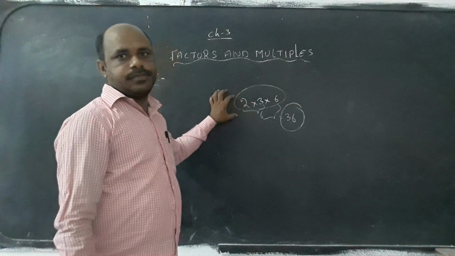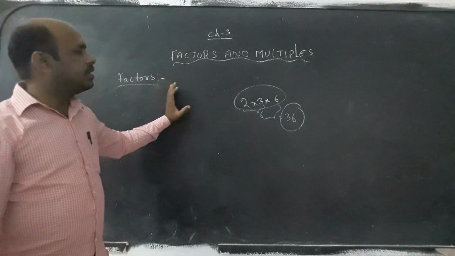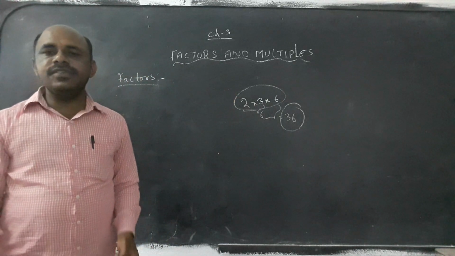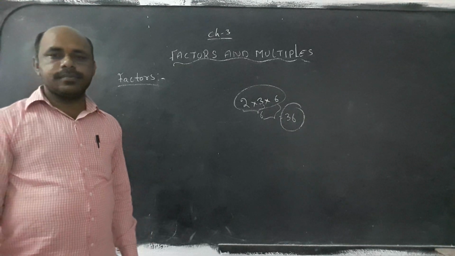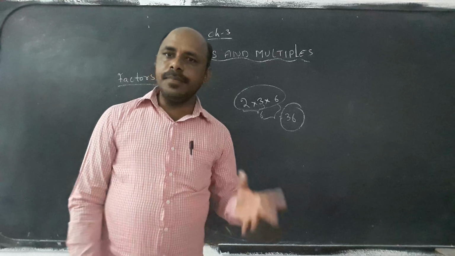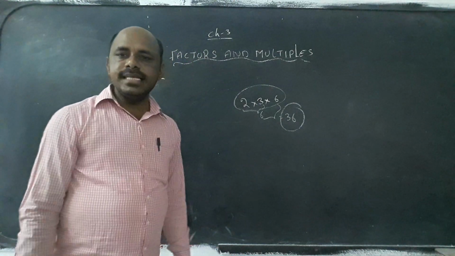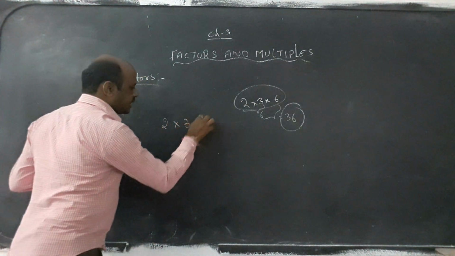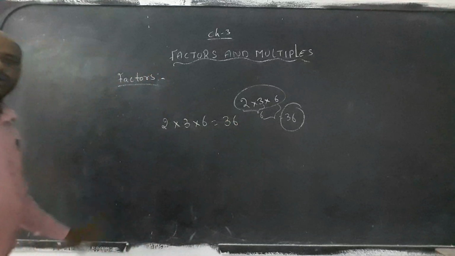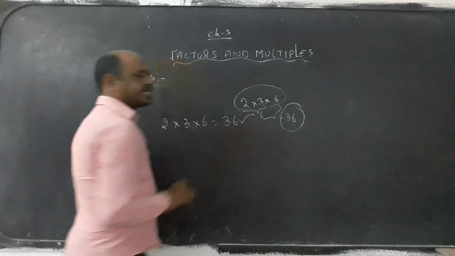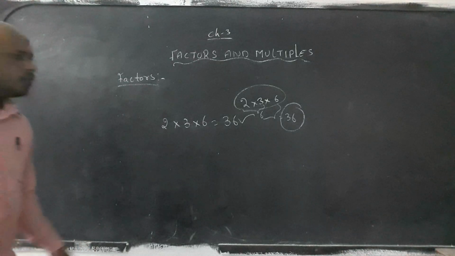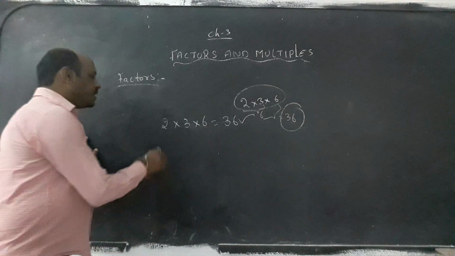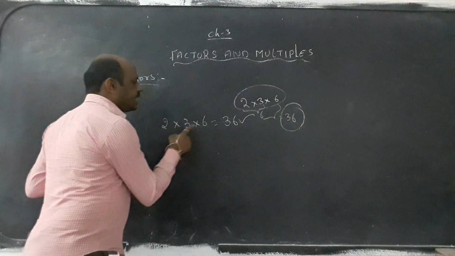Whatever example we took, we will say: the numbers which are multiplied together, we call them factors. Here 2 into 3 into 6 is equal to 36. This 36 is the product. What numbers were multiplied? 2, 3, 6.